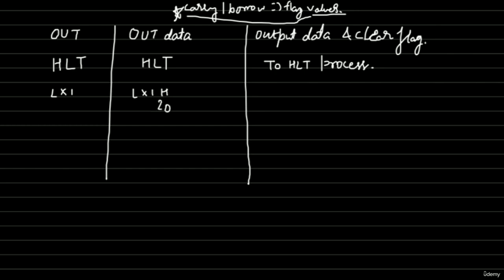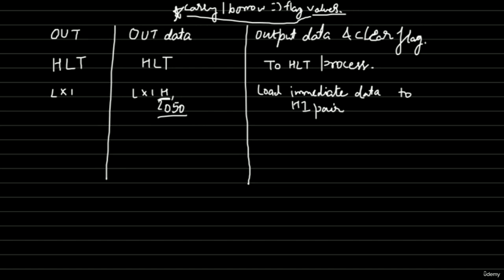Well, I will explain it later. It means load immediate data to the HL pair. For now you can consider it as the memory, and this is the H. That's it. Nothing else. Just the data.